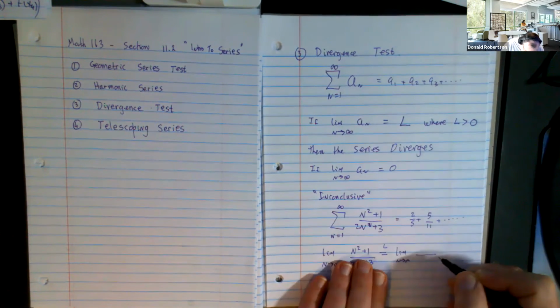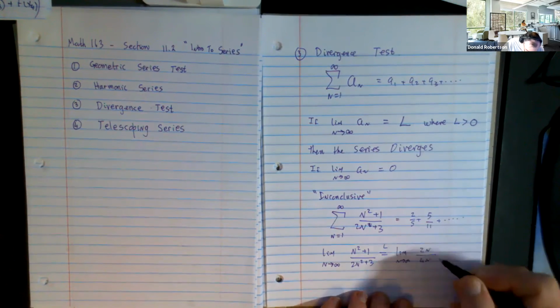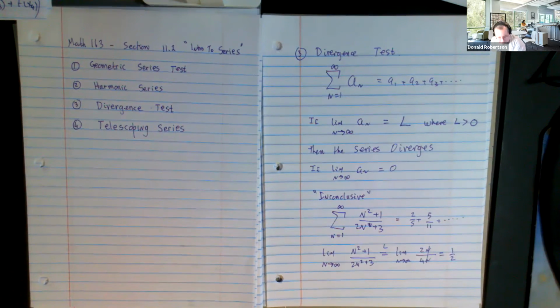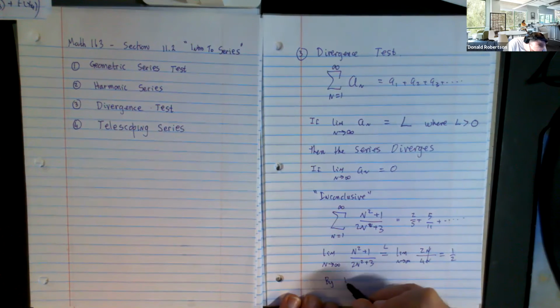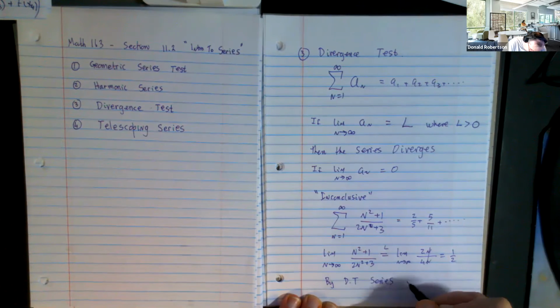Basically, L'Hopital, you differentiate the top and you differentiate the bottom. Oh, wait a minute, can't you cancel and get a half? So the limit is 1/2. And so by the divergence test, the series diverges.